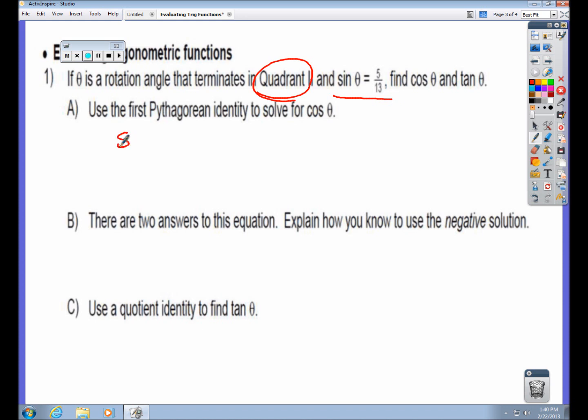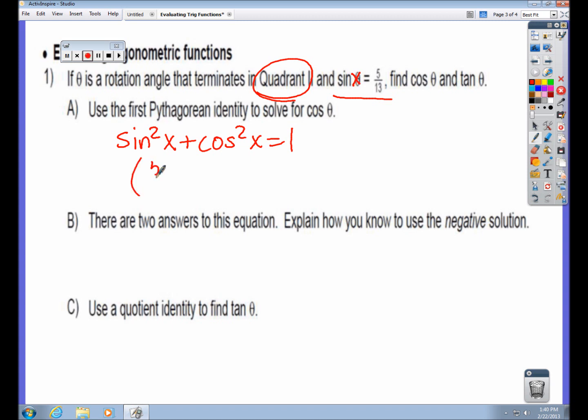The first Pythagorean identity is sine squared plus cosine squared equals 1. The reason we're going to use that is because that's the only equation that has sine and cosine in it at the same time. So sine of x, or sine of theta, I'm going to replace this theta with an x because they mean the same thing, is 5/13.